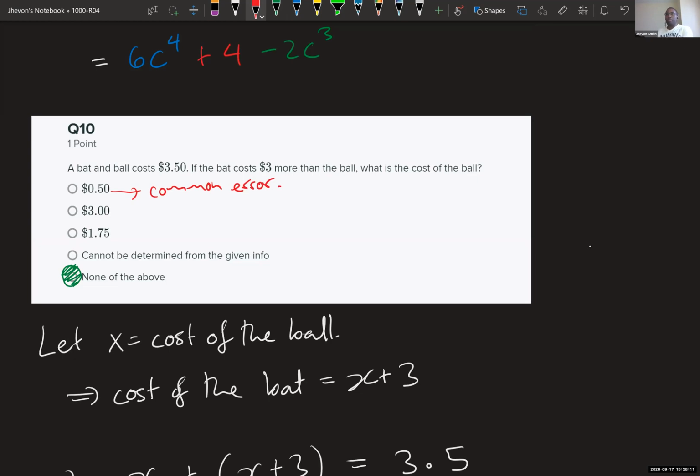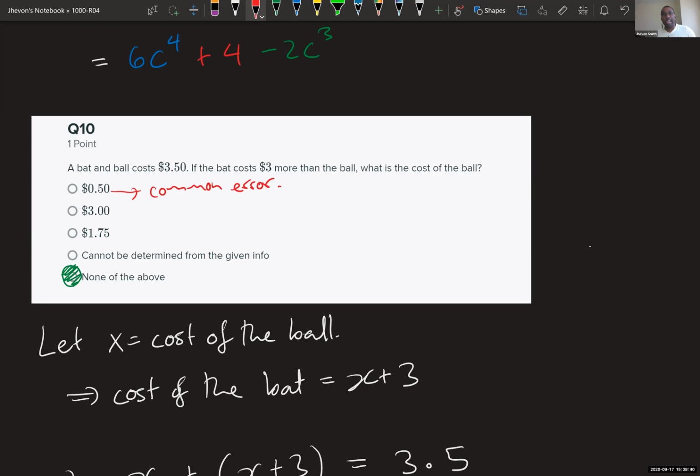This is one of those problems that is very famous for being in some sort of university entrance exam where a lot of people got it wrong, and so it became a major thing of study. I believe it was Oxford, I don't remember, but it's decades ago. And these weren't the numbers that were used. It's actually $1.10. So the question was, a bat and a ball cost $1.10. If the bat costs $1 more than the ball, what is the cost of the ball?